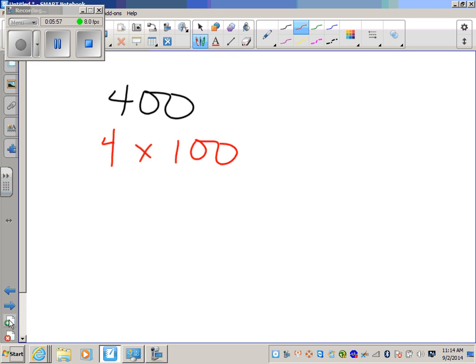So 4 times 100, since 4 is in my hundreds place, I'd multiply that to 100. So if I were using expanded form, I'd say 4 times 10 to the what? Second power.